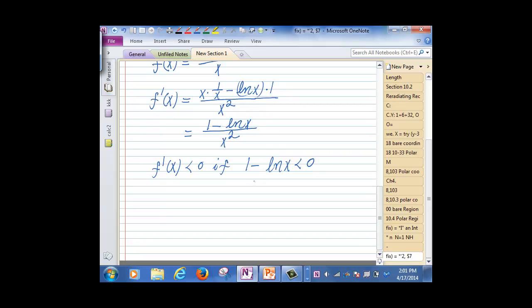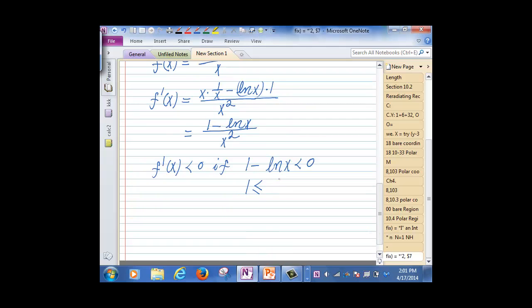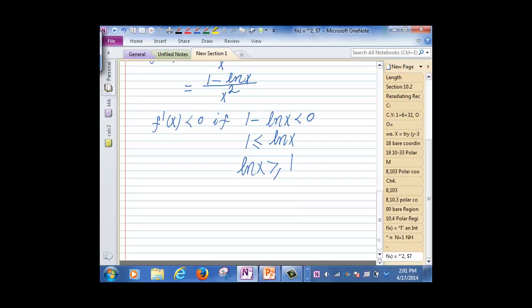In other words, this would mean that 1 is less than ln of x, or ln of x is larger or equal to 1, right? So can someone tell me for what values of x is ln of x larger than 1? What's that? e, right? ln of e is 1, right?